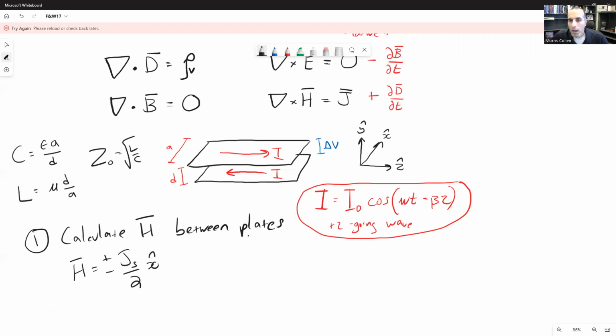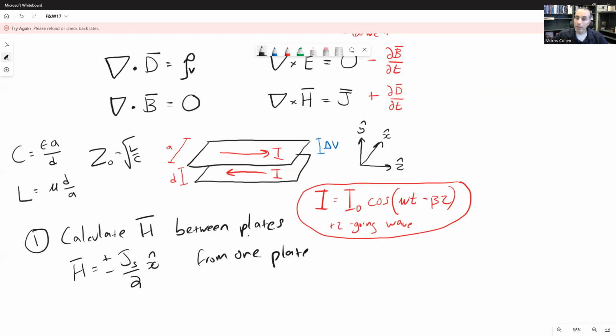All right. The plus or minus is simply asking the question of which side of the plate you are on, since you basically have a difference of Js from one side of the plate to the other, so it's basically half in each direction. That's basically generated by one of these plates. Right? So this is from one plate.